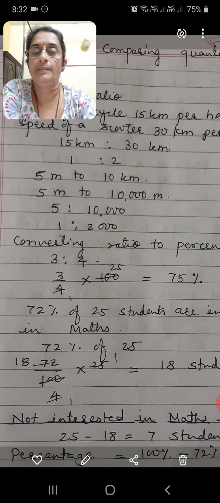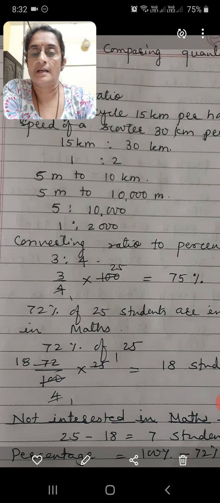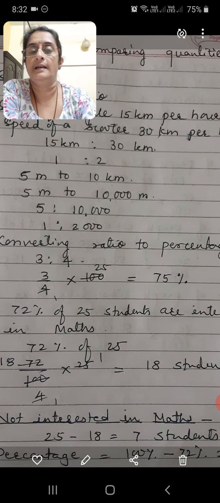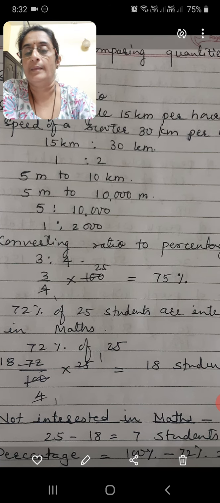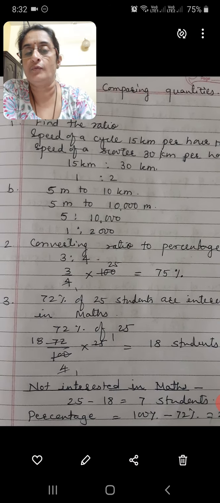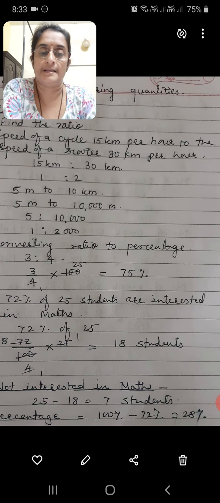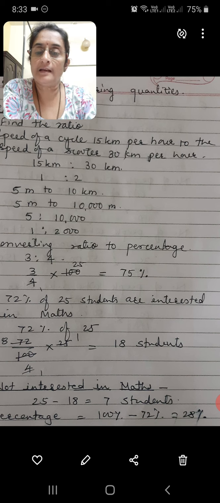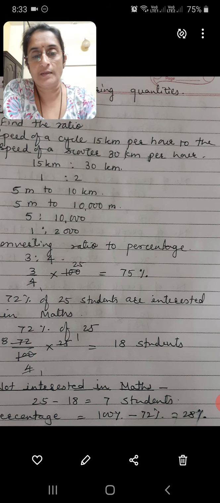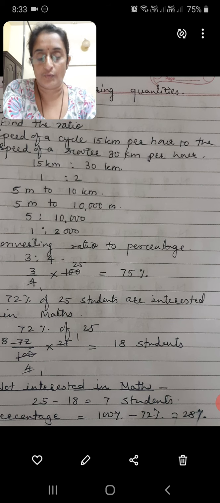So in the division, 25 ones are 25, 25 fours are 100, and 4 ones are 4, and 4 18s are 72. So 18 students are interested in maths and the remaining are not interested. So out of 25, 18 are interested means 7 students are not interested. In percentage, the total percent is always 100. From that, 72% are interested, so 28% are not interested.